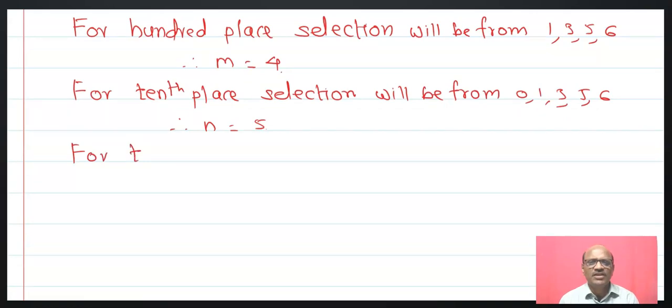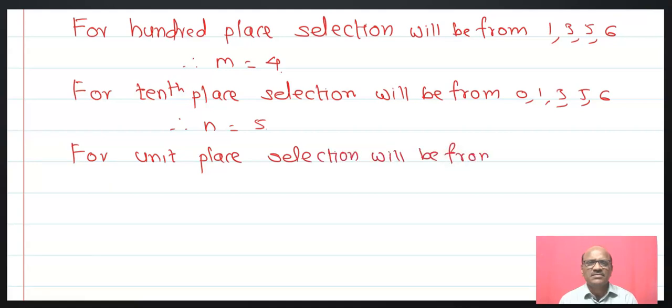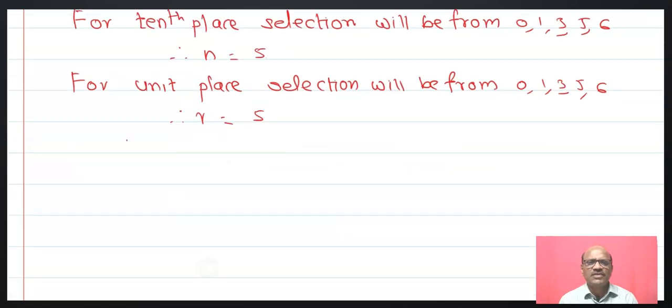And for the unit place, selection will be from 0, 1, 3, 5, 6. That is r is equal to 5.